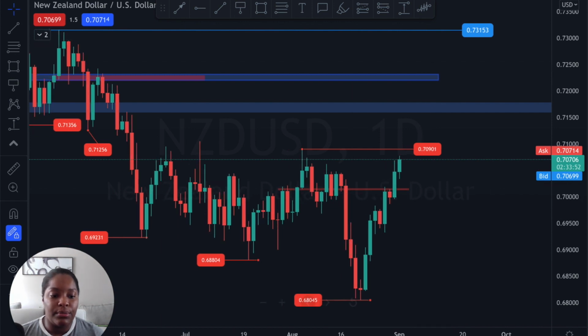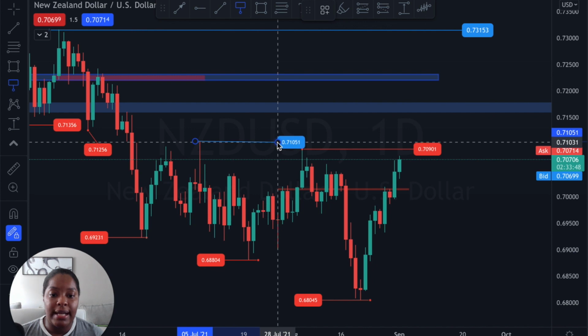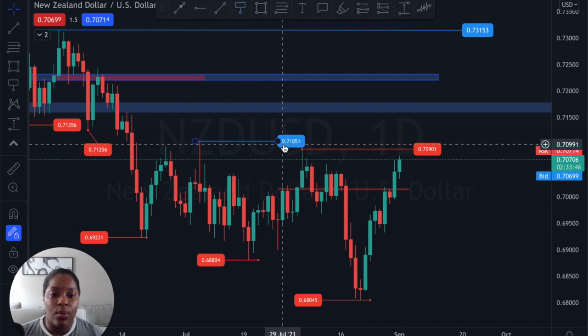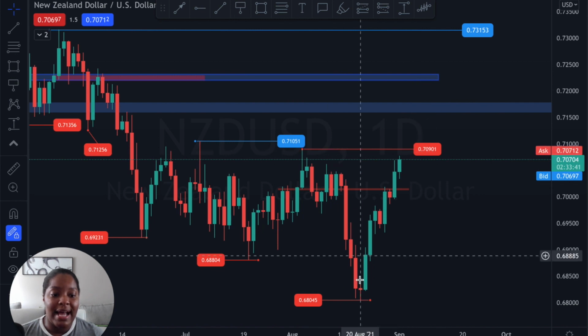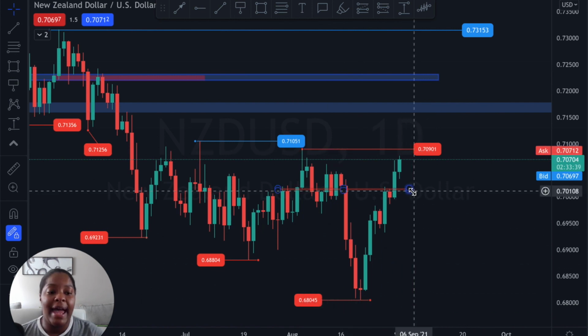So for example, if you look at the last two lower highs, 0.71051, and then price dropped, pulled back, 0.7090 points drop, and now we're pulling back. All I need to see is price stay below 0.70901. If it cannot stay below that number, then yes, now I would take a sell.